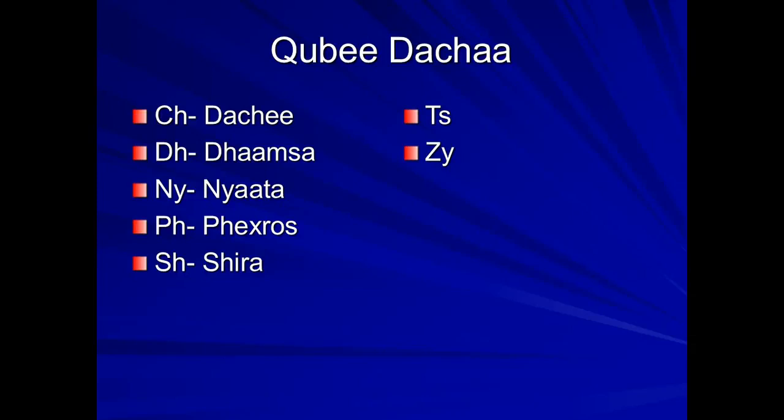The fourth one, ph, is pa. We hardly find this letter in Oromo. But when we want to write other languages, like Petros or other words that have that sound, we use a letter which is a combination of P and H.